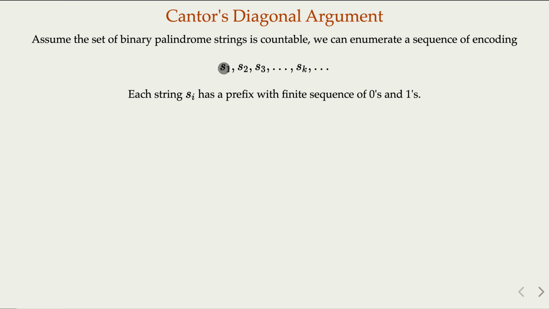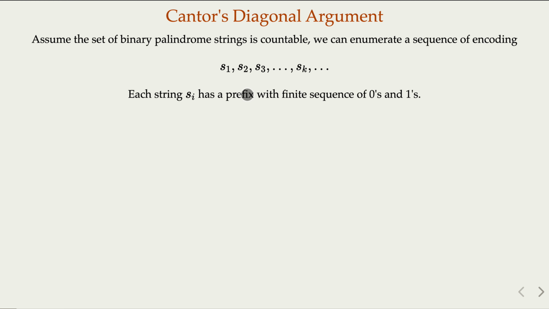So here all the S is without encoding, which means it has some prefix, a bunch of 0s and 1s. Once you have settled on this arrangement of infinitely many, because they're countable, you can arrange that with proper mapping.